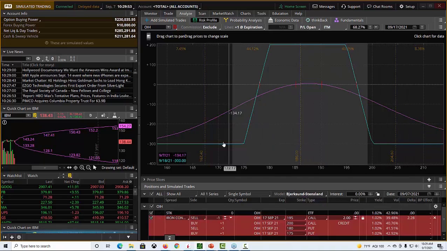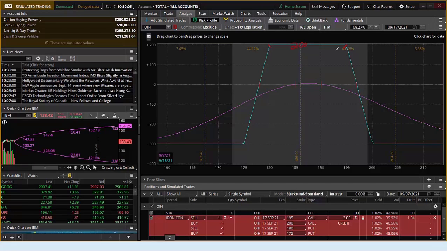So this looks a lot better in my mind. You're going to make 200 bucks if it's anywhere between 180 and 195, that $15 per share window. You're still going to make some profit even if it's below 180 or above 195 if it's still within those break evens.